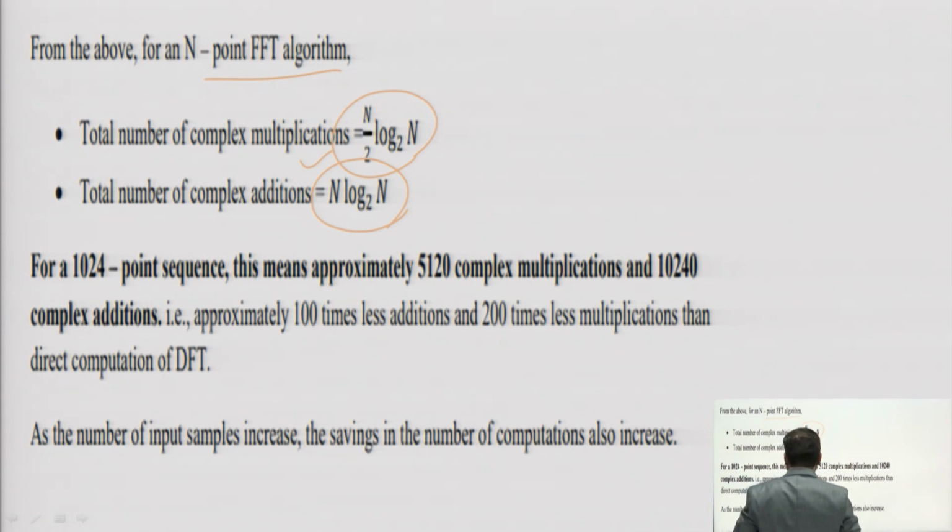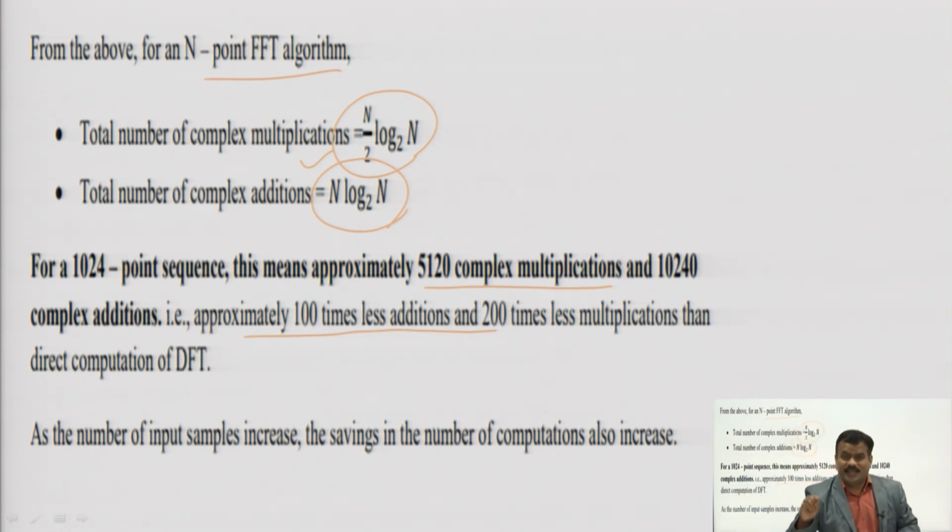If you take the example of a 1024 point sequence, this means 5120 complex multiplications and 10240 complex additions are required. It means approximately 100 times fewer additions and 200 times fewer multiplications are required in FFT than direct computation of DFT. This is the biggest example.